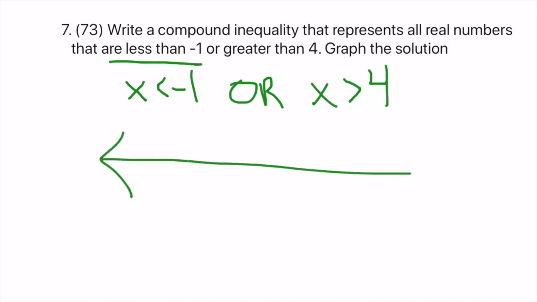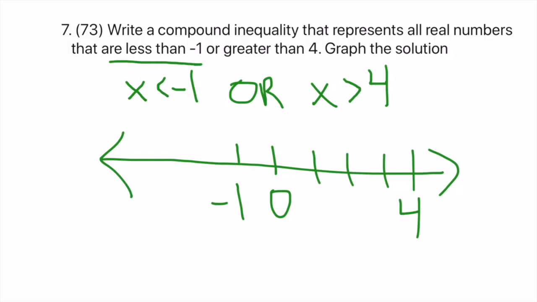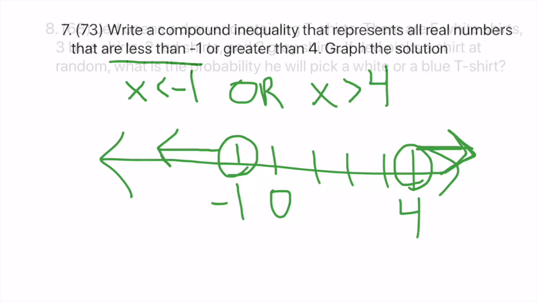And then if I went to go graph this, I have 0 to my -1 there, 4 here. So we want all numbers that are less than -1, but all numbers that are greater than 4. So notice they're pointing in opposite directions.